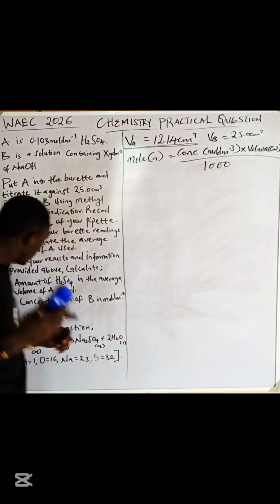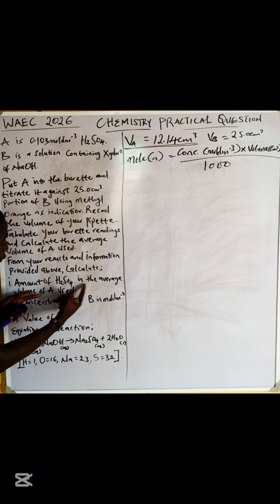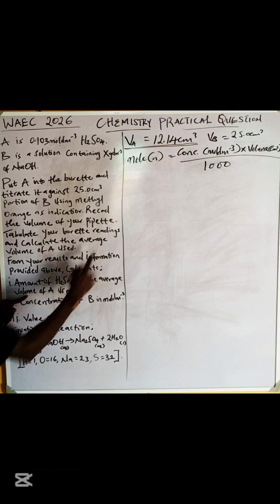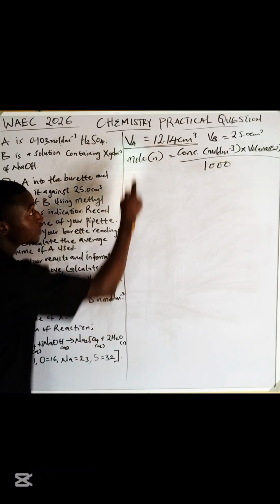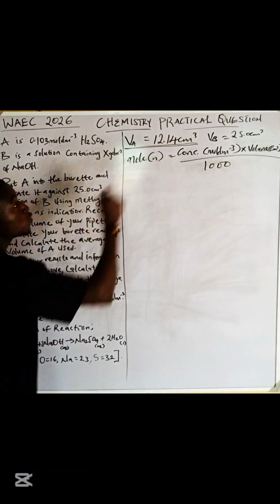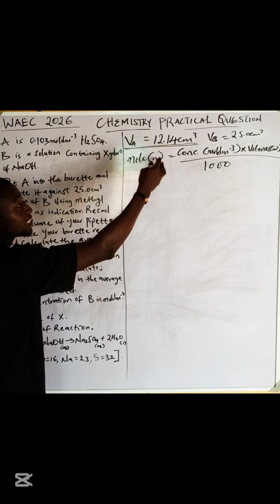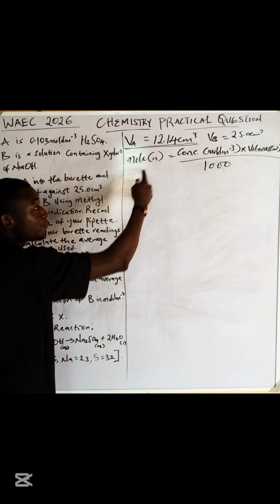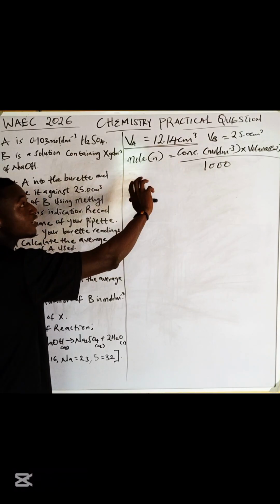This is very important. If you look at this place, they said amount of H2SO4 in the average volume of A used. That's the one you got after your titration. Do you understand? Your first titer, second titer, third titer: if it is first and second, or second and third, you add them together and divide by 2.